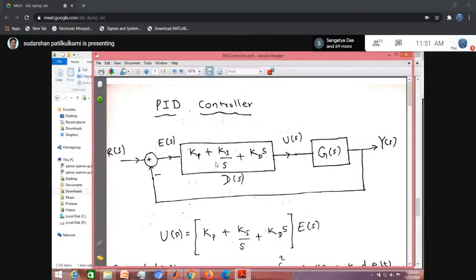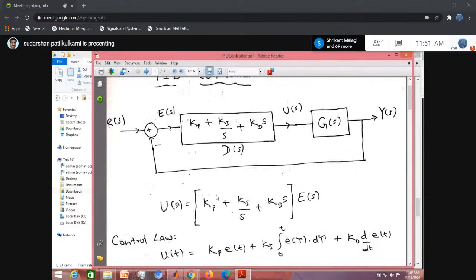So in this PID controller, we have Kp plus Ki by S plus Kd S. The output of the controller is called the control law. That becomes the input to the plant. Error is the difference between R of S and Y of S, and that is the input to the controller.